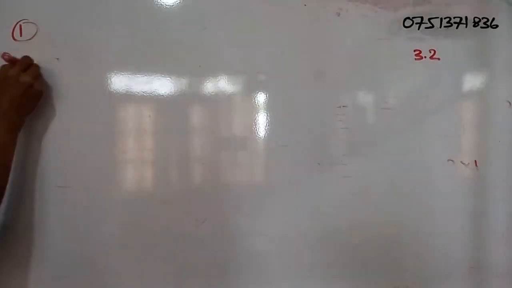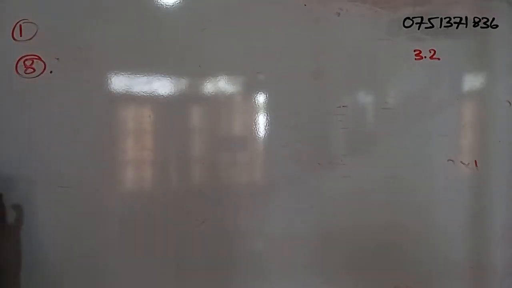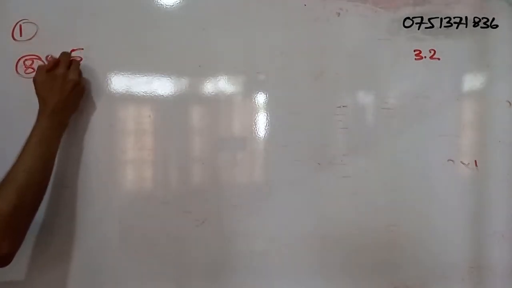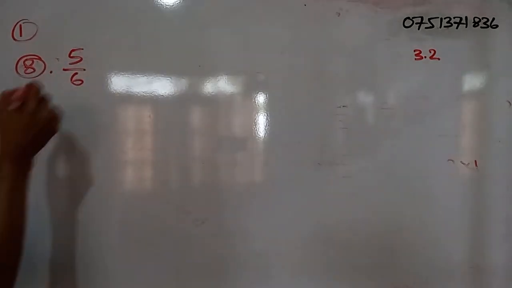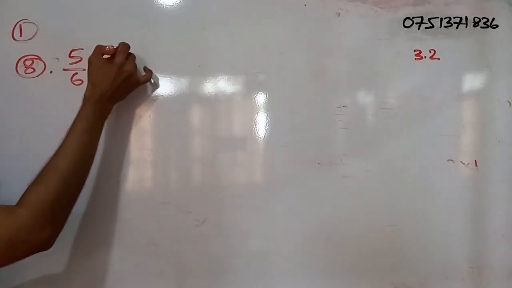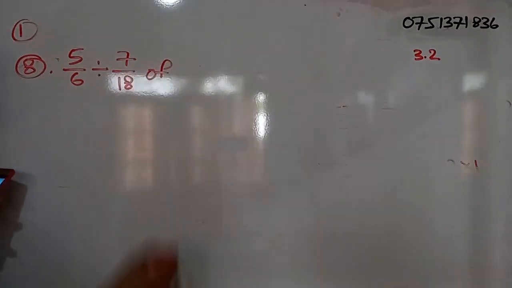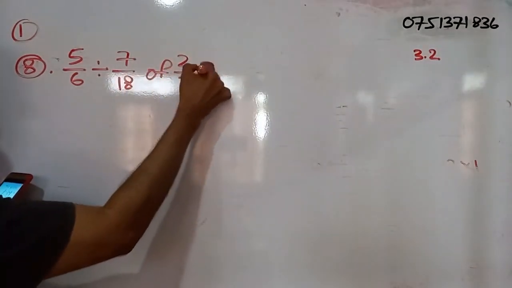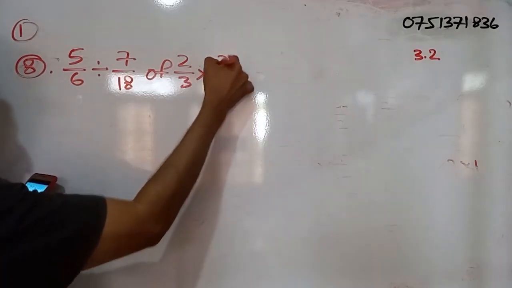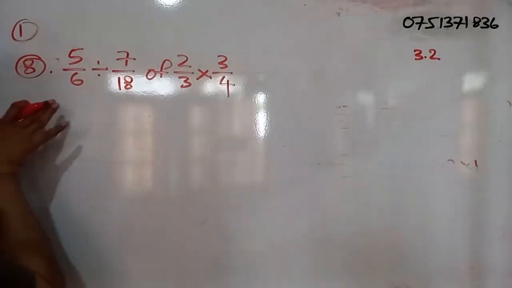Right, part 8. So we have 5 by 6 divided by 7 by 18 of 2 by 3 into 3 by 4.